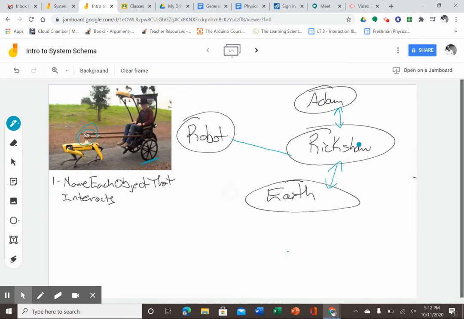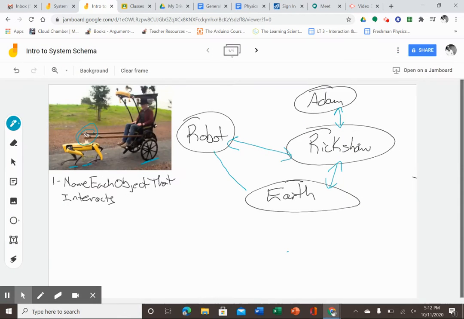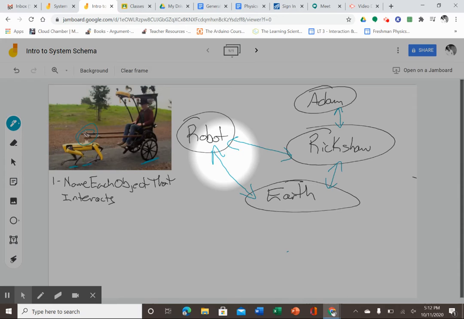So I would say, yeah, the robot and the rickshaw do interact by contact. Now if I go to the robot, does the robot contact the rickshaw? We already have that. Does the robot contact Adam? We already said no. Does the robot contact the earth? Yep, the robot and the earth are in contact. So that is the last of our contact-based interactions.